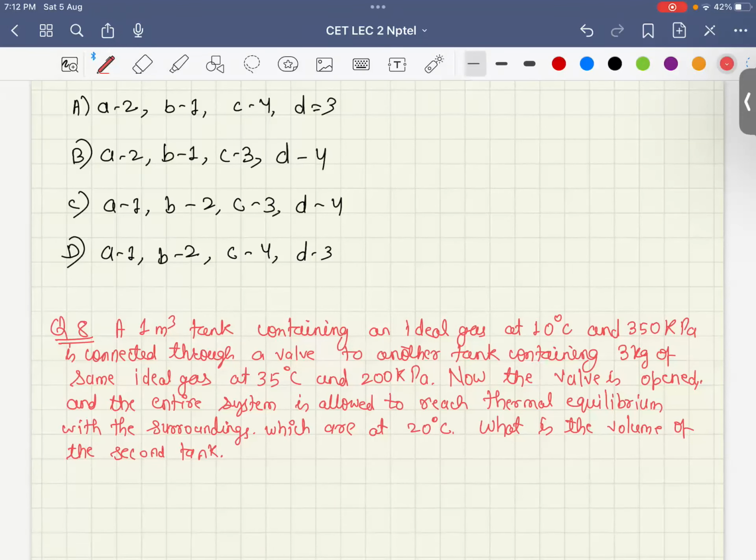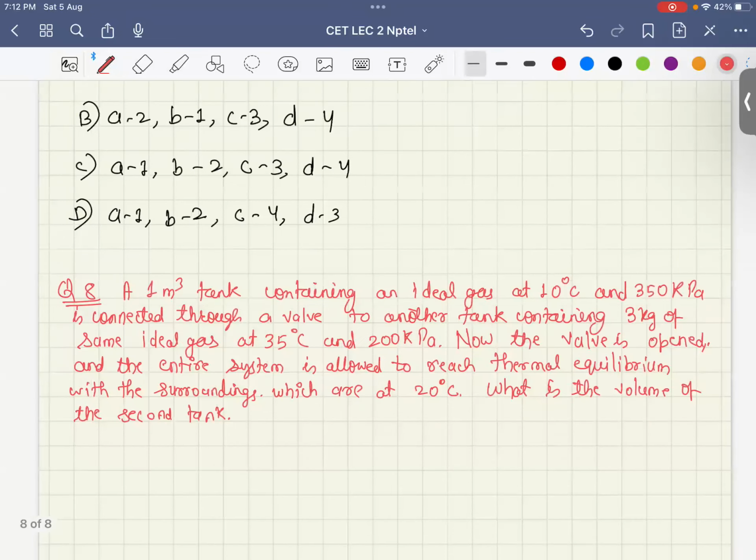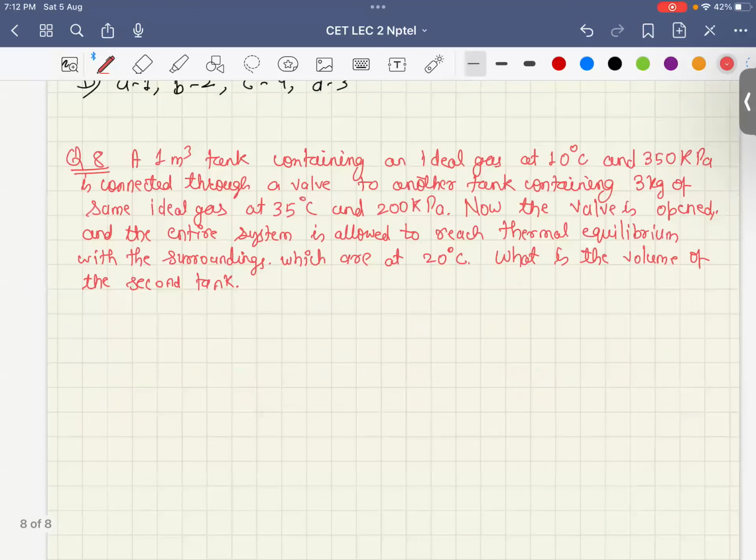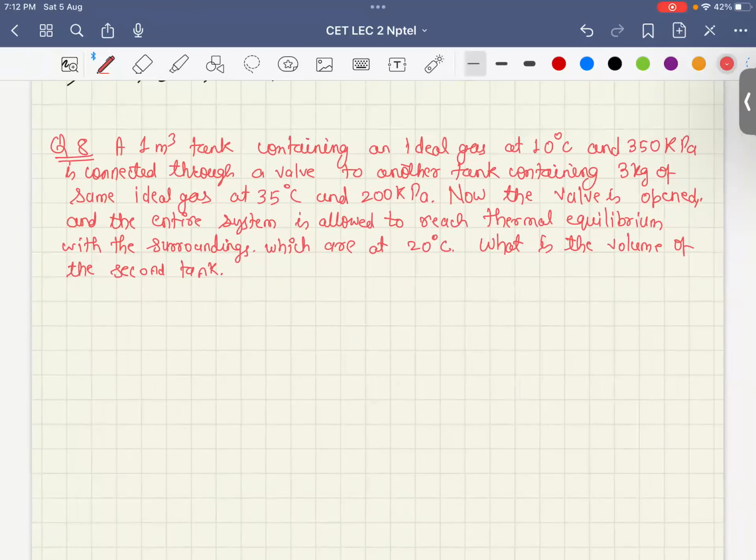Okay. Before I give you options, please try to solve the question. Or let's give you the options again. Option A is 1.65 meter cube.